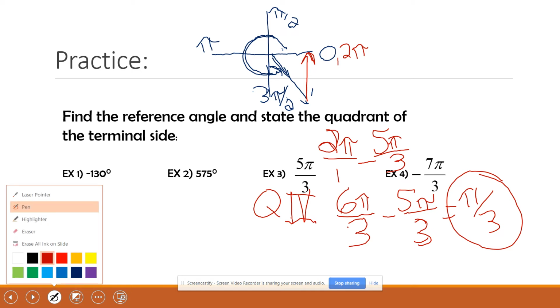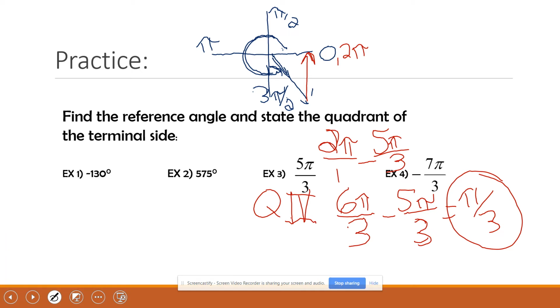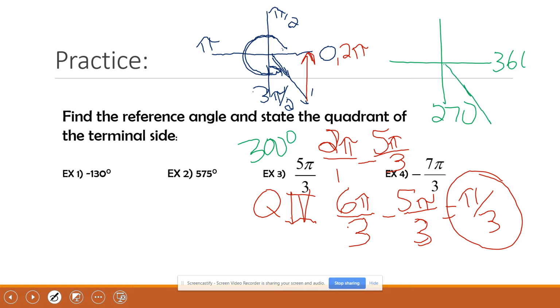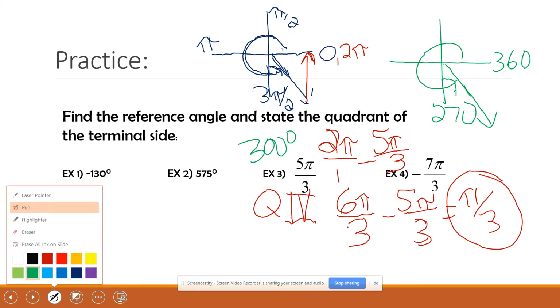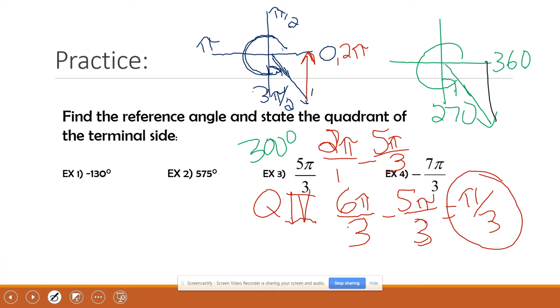If you did the conversion to change it into degrees, then 5 pi over 3 is 300 degrees. 300 degrees is still over here in quadrant 4. And our reference angle still comes up here to our nearest x-axis, and we're looking for that angle right there, always the one tucked up, touching x and in the origin.